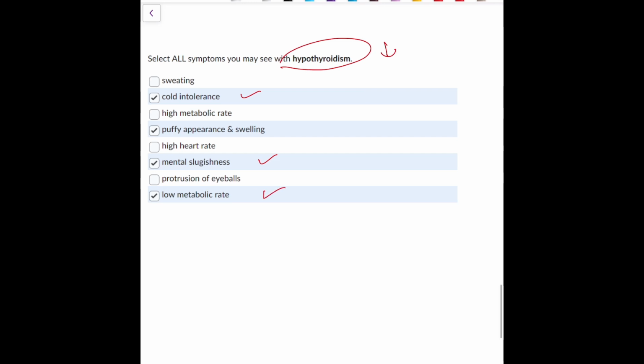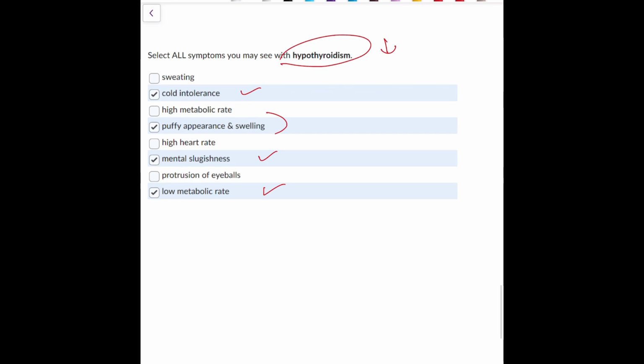The other thing that is seen with hypothyroidism is a puffy appearance and swelling, and this condition is called myxedema. Myx means mucous, so the mucous membranes, and edema means swelling. So you get kind of a puffy-like appearance.